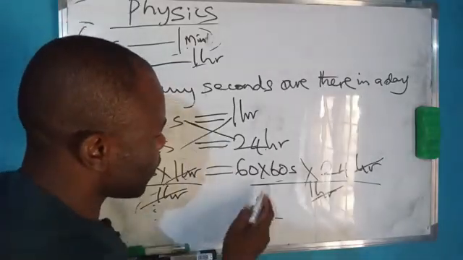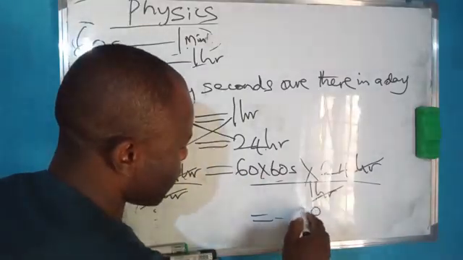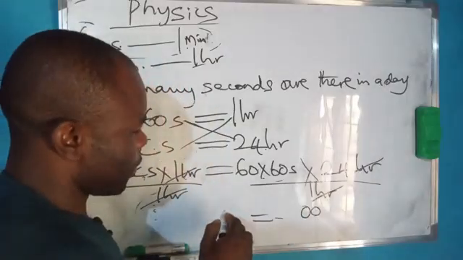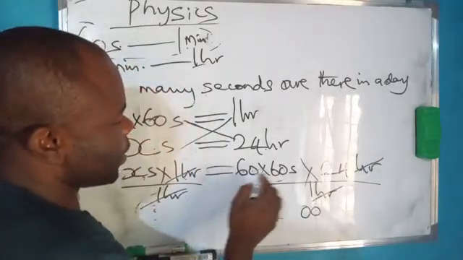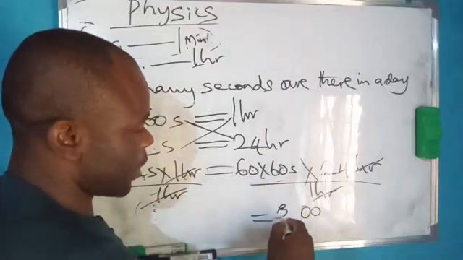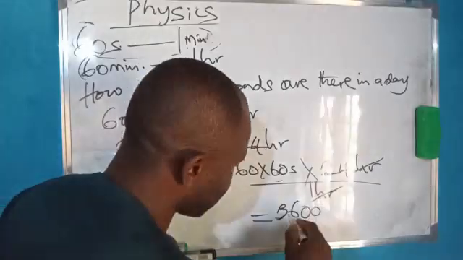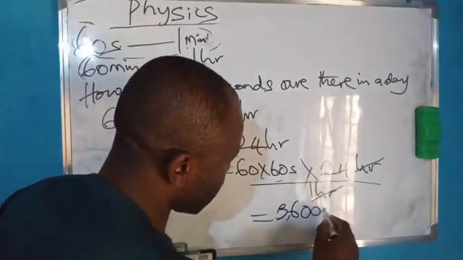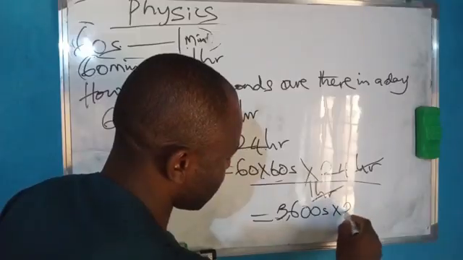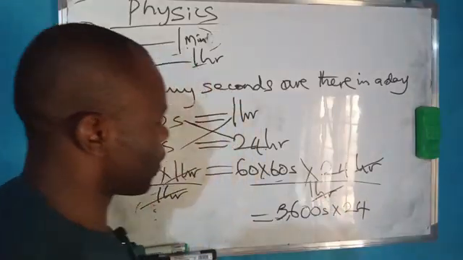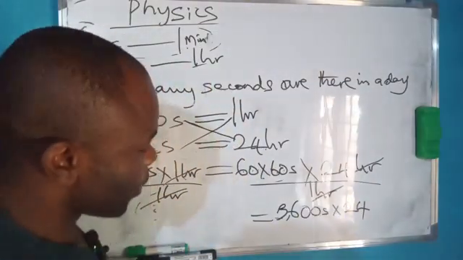Now, 0, 0, which is 0, 0. Then 6 times 6 is 36. Okay? 36, that means 3,600 seconds times 24.